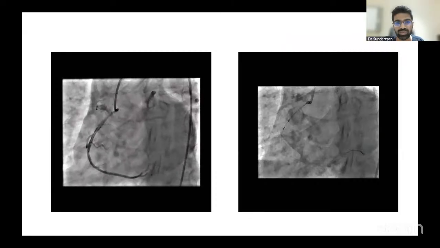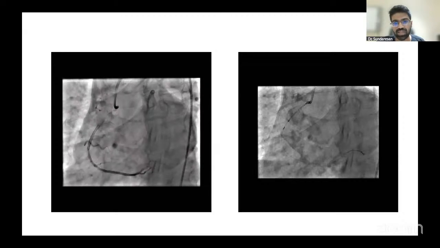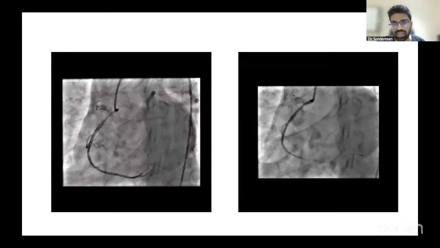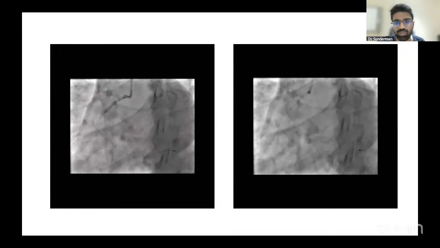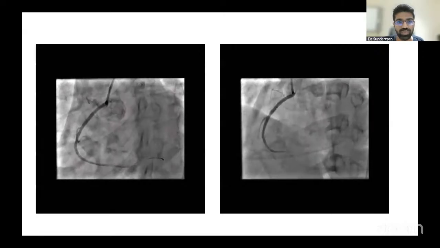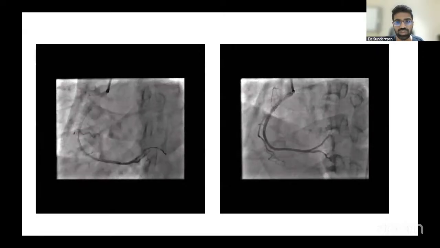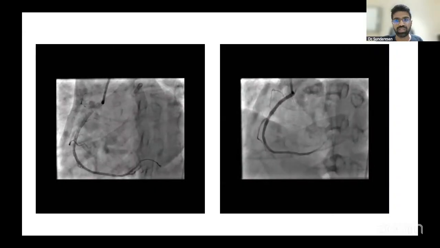So RCA was engaged with the JR guide, and it was wired with the BMW guide wire. And the ostioproximal segment of RCA was stented with a 3/33 Alluvial Pearl drug-eluting stent. And the stent was deployed, and it was later post-dilated with a 3.5/8 balloon. And these were our final angiographic results, which were fairly normal, with no complications.